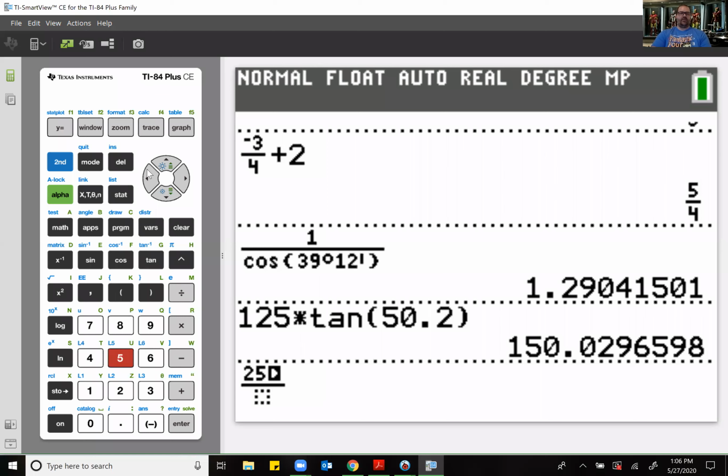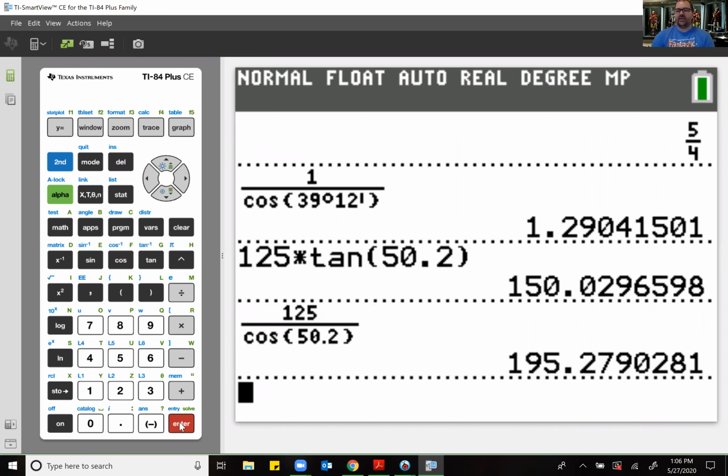I need a 1 there, Mr. Armstrong. 125 over cosine 50.2. Close it, go to the side, enter. To the nearest integer, P equals 195 meters.